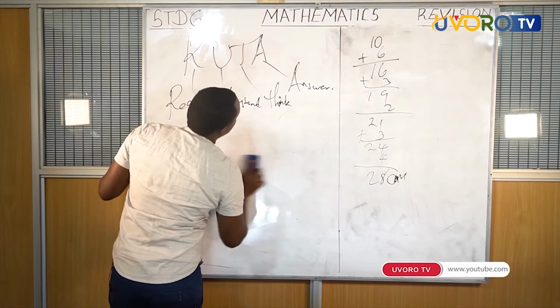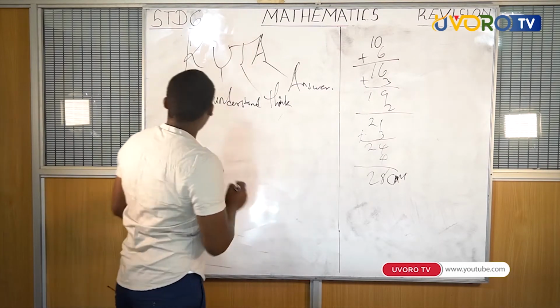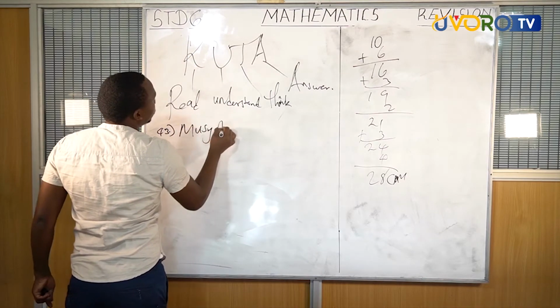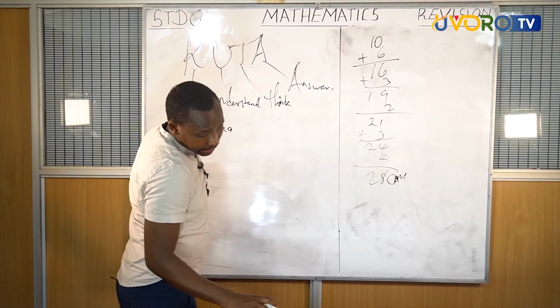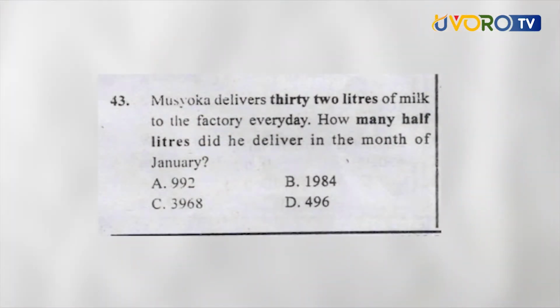Question number 43. It states, somebody called Monsieur Khan delivers 32 liters of milk every day to the factory.